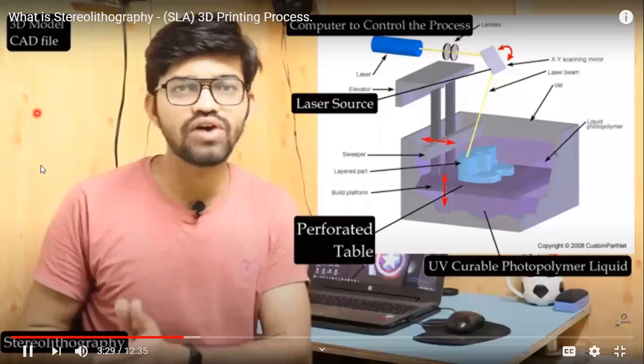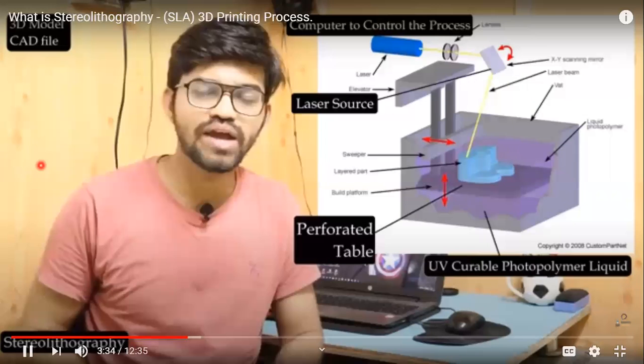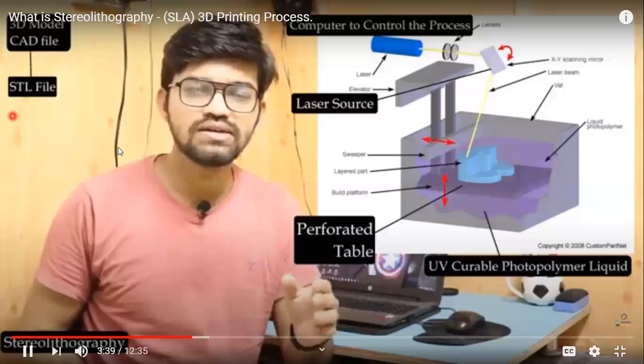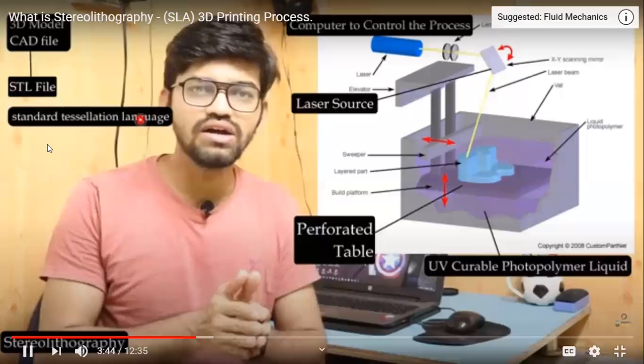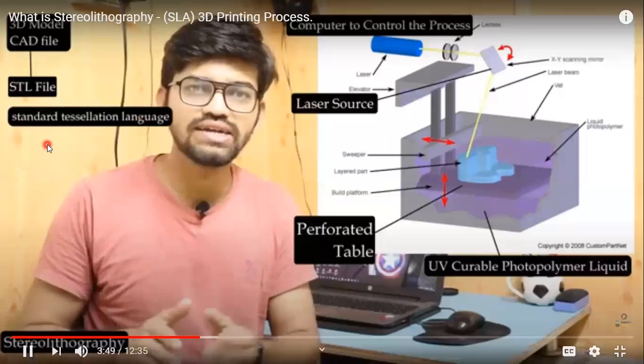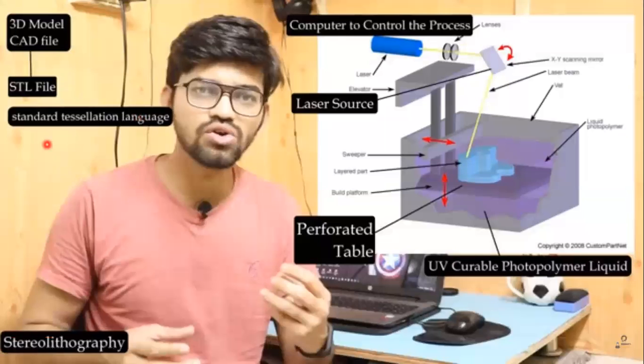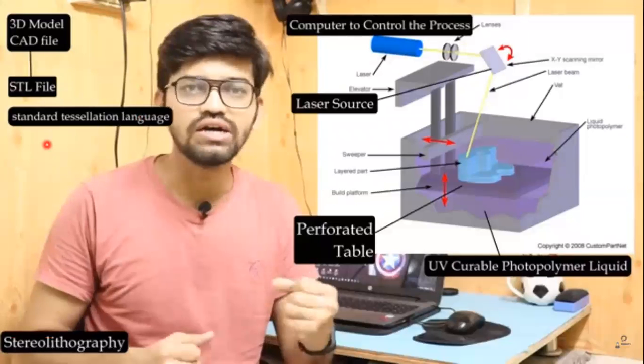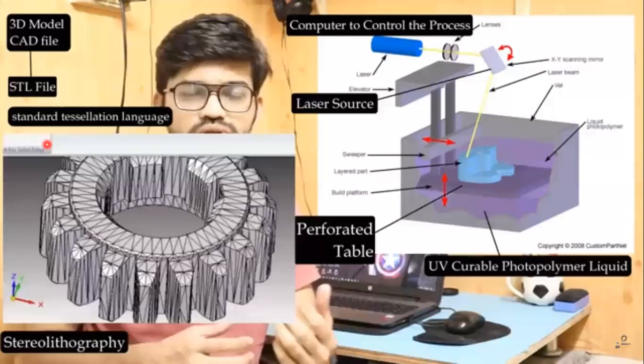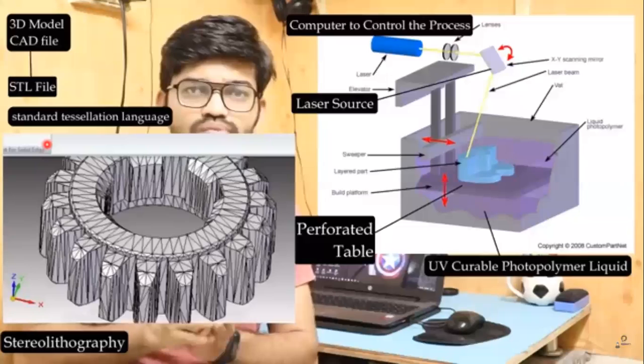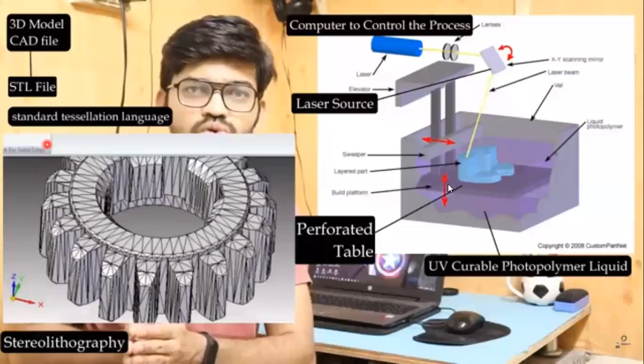This file type is the STL file type, the acronym for standard tessellation language. This STL file is the input to the 3D printer, because there are a lot of layers in those 3D models, and in order to manufacture smoothly, this STL file type is essential.